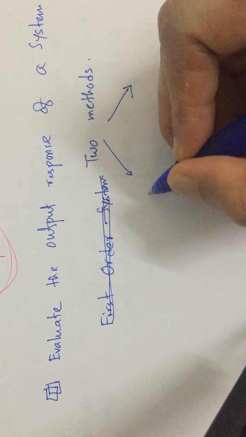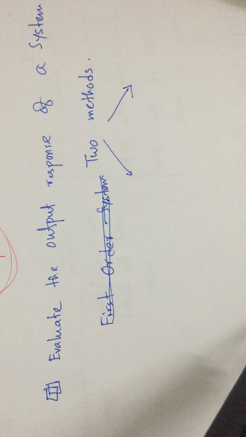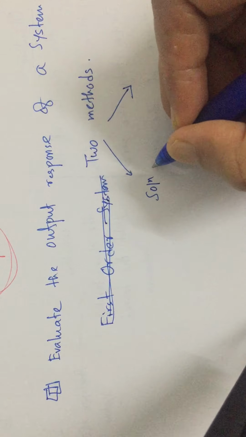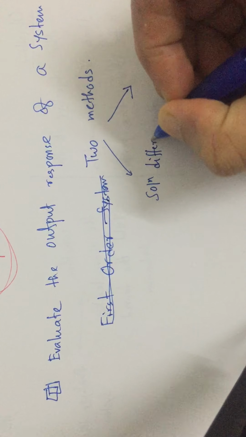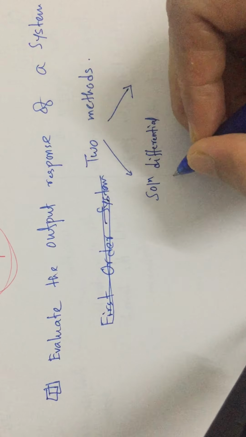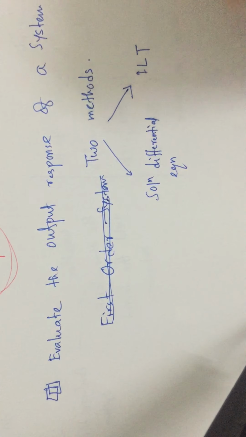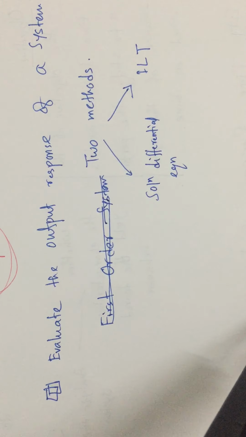One is solving the differential equation, and another one we call ILT, the inverse Laplace transform. But basically I will show you the ILT because that's what we learned in our chapter 2.